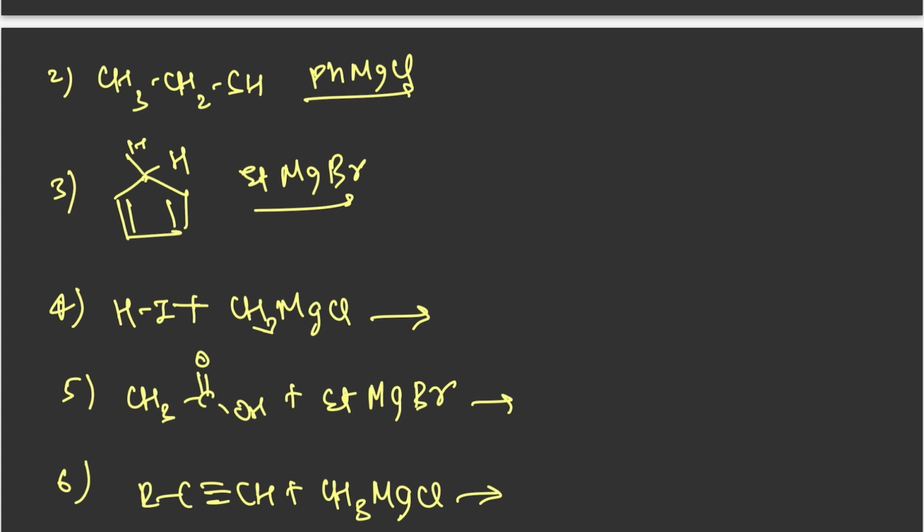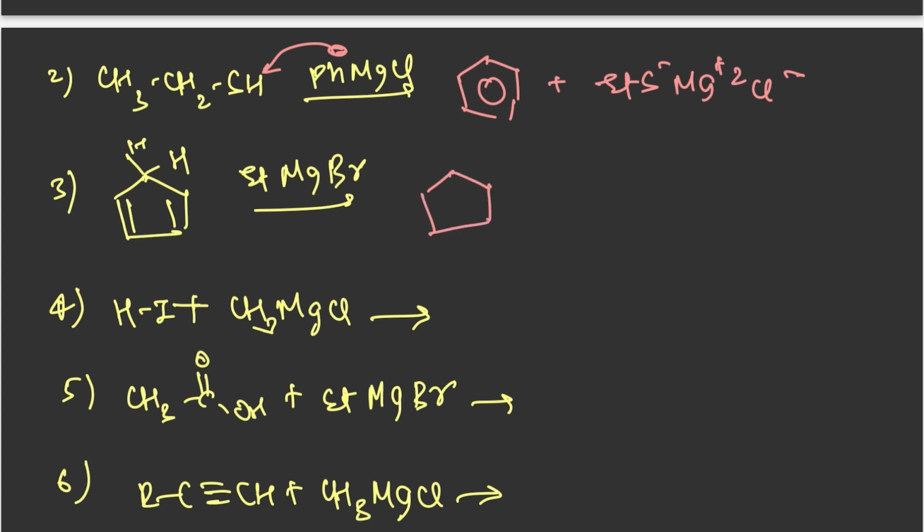Let's first see when it reacts with PhMgCl, it will form benzene because Ph minus will abstract that hydrogen, Zerewitinoff reaction. Then it forms EtS minus Mg plus 2 and Cl minus. Now that reacts with an anion to form Mg plus 2 and Br minus. It will form EtH.